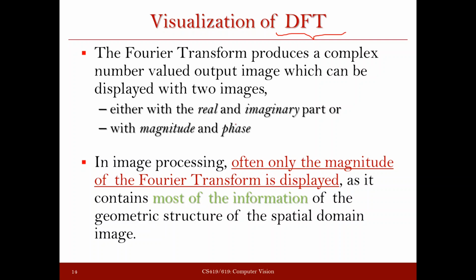So there are two ways we can plot the DFT and then analyze it. One is plotting the real and imaginary components separately. Okay. If you have, let's say, obtained a Fourier transform which is a plus ib, you plot all the a values separately and the b values separately, and then see what you find in those plots.